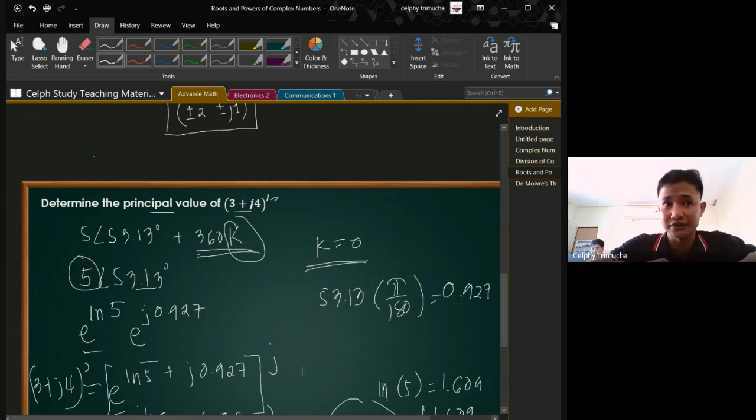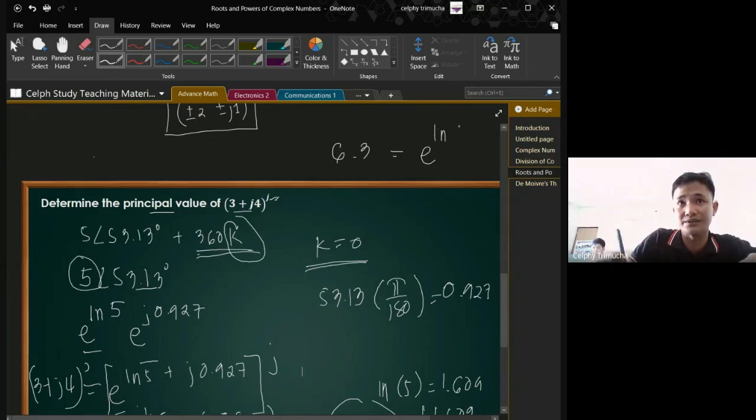After expressing it in polar form, convert it to exponential form. For a value like 6.3, write it as e raised to ln 6.3.